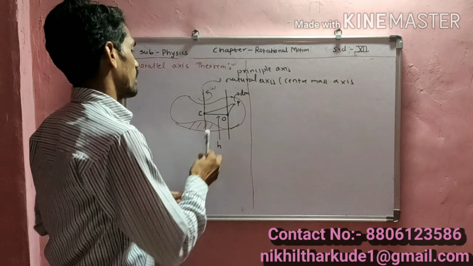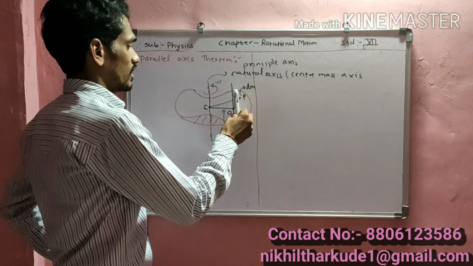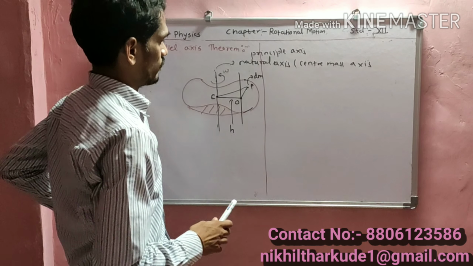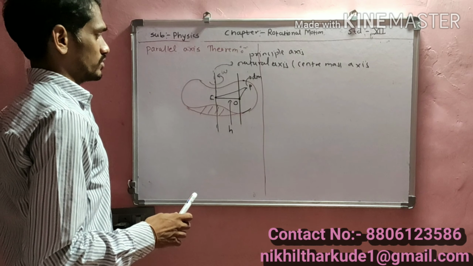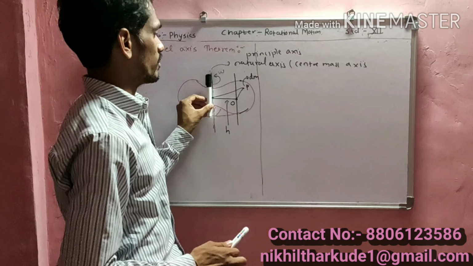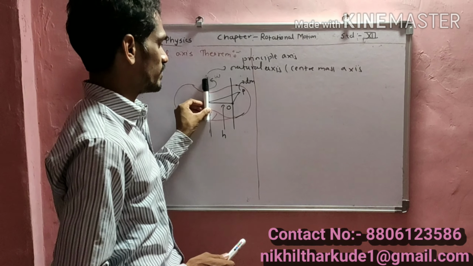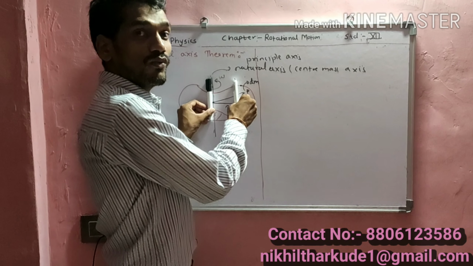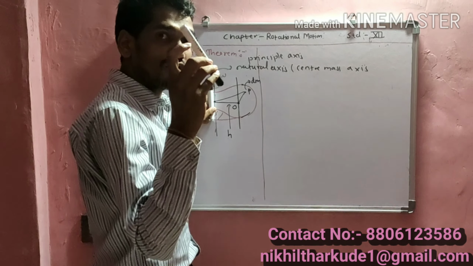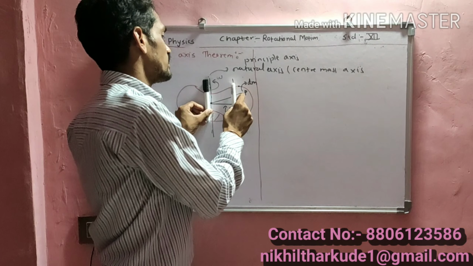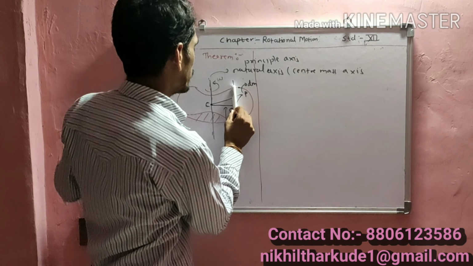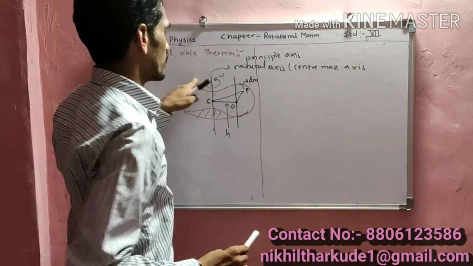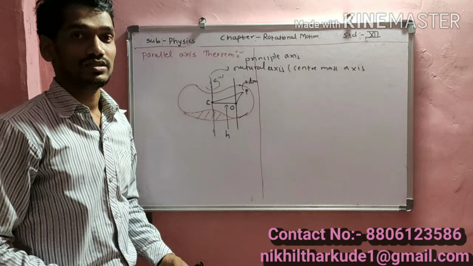So this is our axis, and this is red, our principal axis. This is our laminar body, and this is one of the axes. If you want to find the moment of inertia about this axis when the body is rotated about it, then we apply the parallel axis theorem.